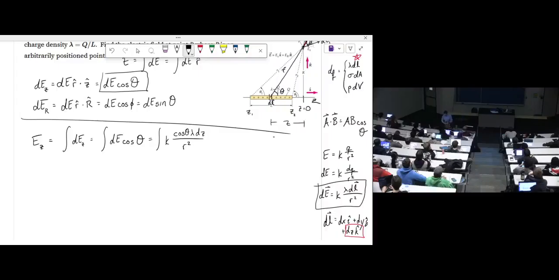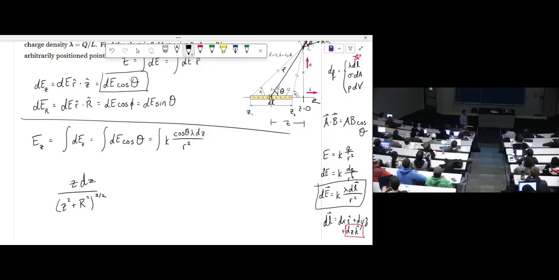You would end up getting something along this line: z times dz over z squared plus R squared raised to the 3/2.